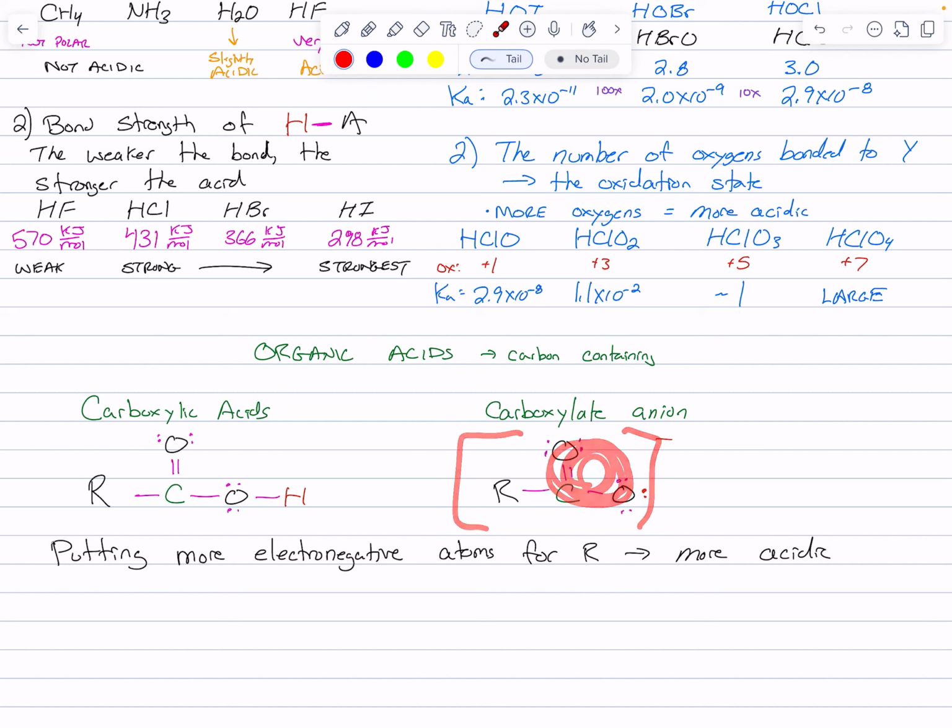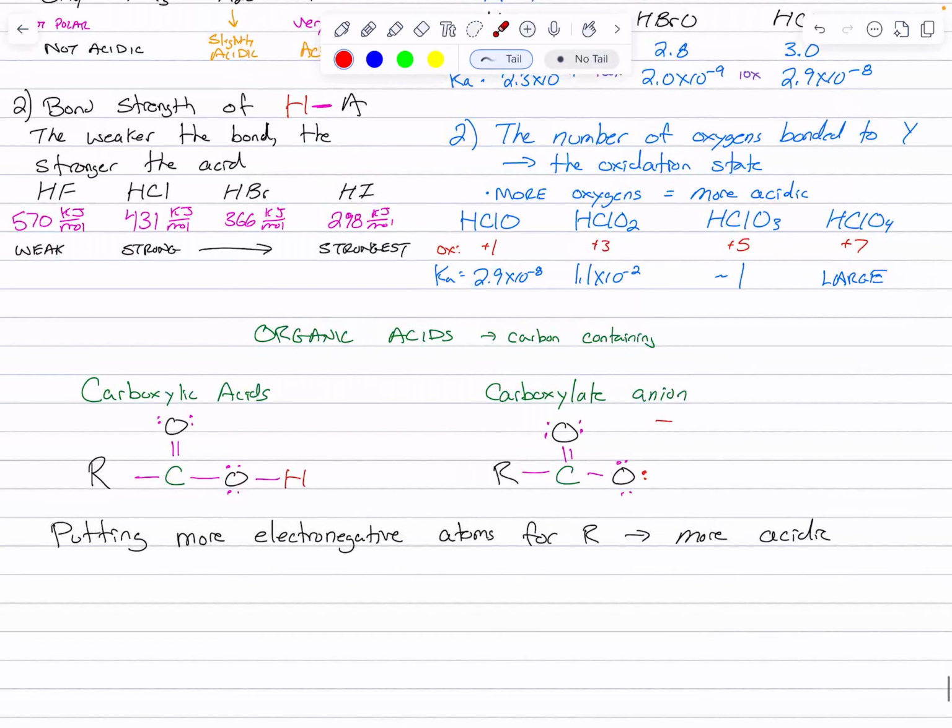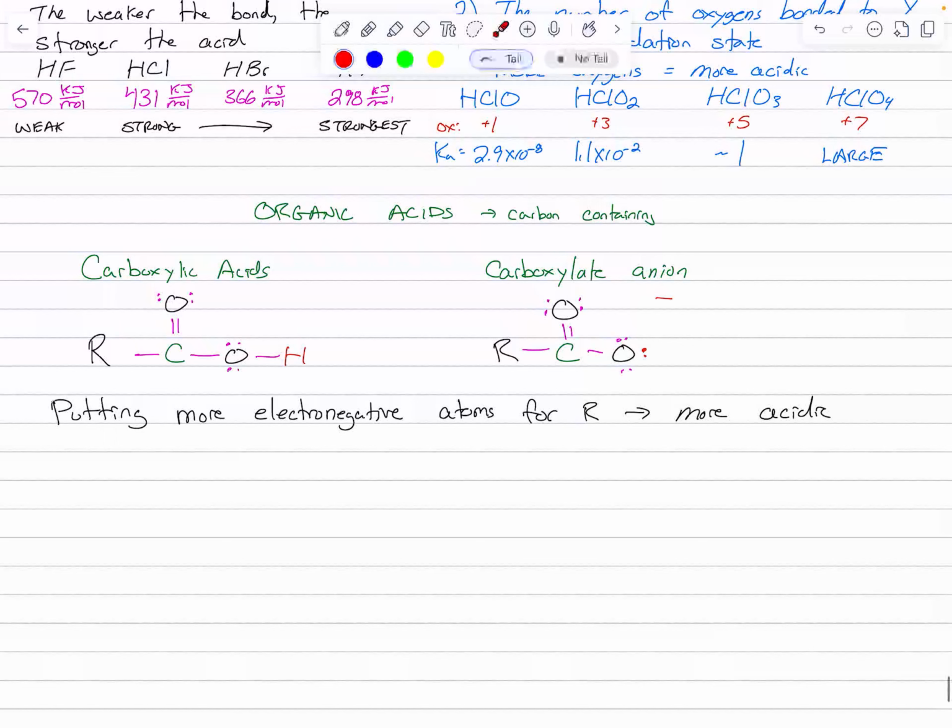Resonance stabilizes the molecule. Here, we've got hydrogen not being shared very well with oxygen. And so the more electronegative R is, the more it's pulling electron density towards itself, the weaker this bond is.